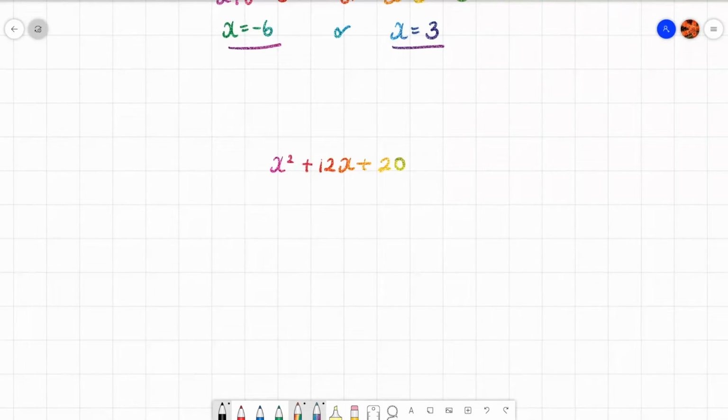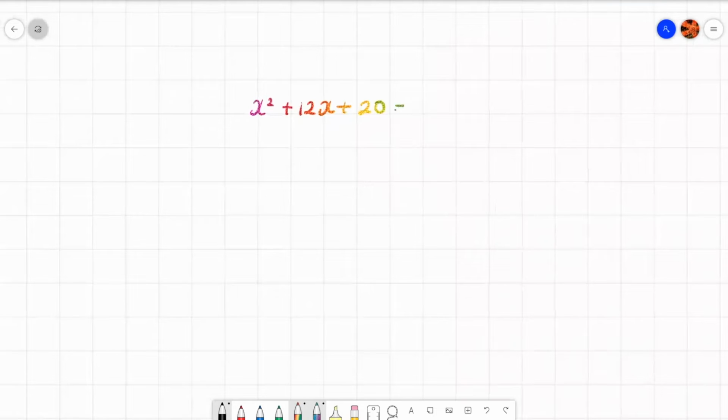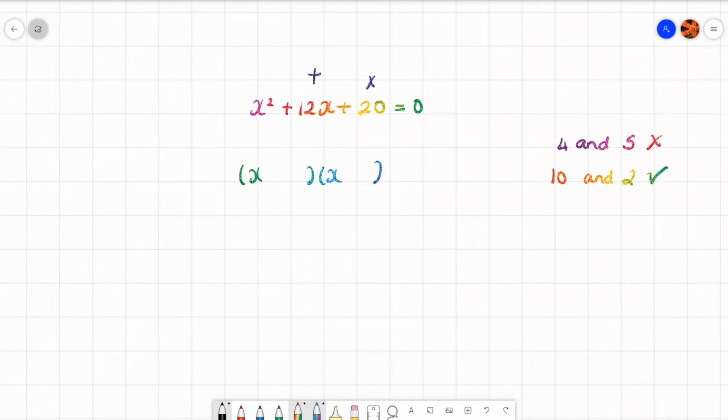Okay, again, you factorize. x and x. 2 numbers that times to make 20 and add to make 12. Well, 4 and 5 make 20, but I can't add them to make 12. 10 and 2 times to make 20, and add to make 12. So x plus 10, x plus 2 equals 0.